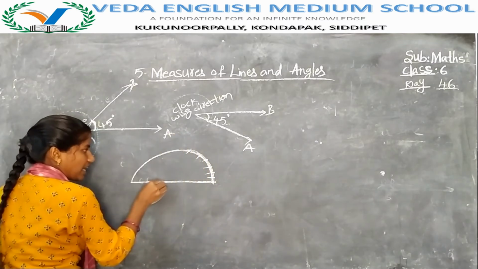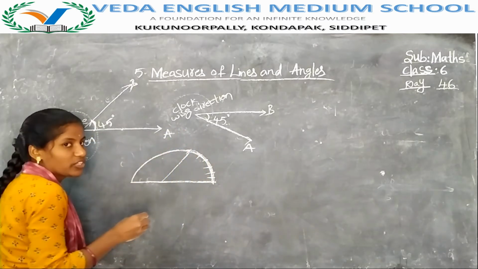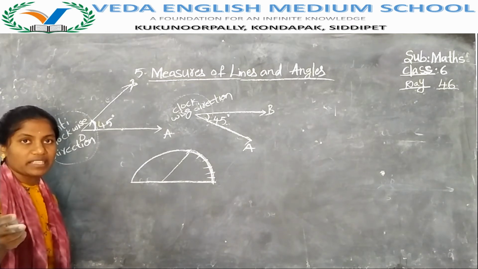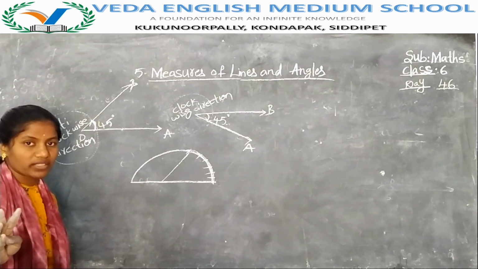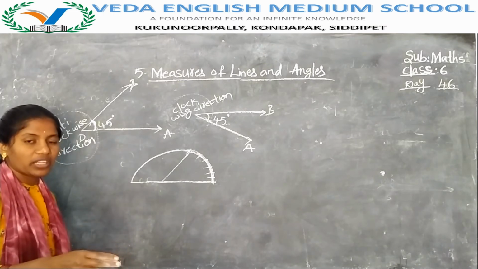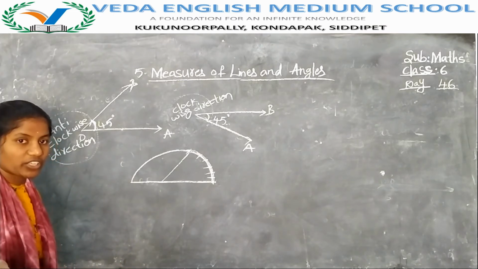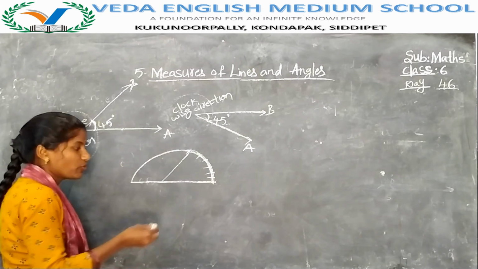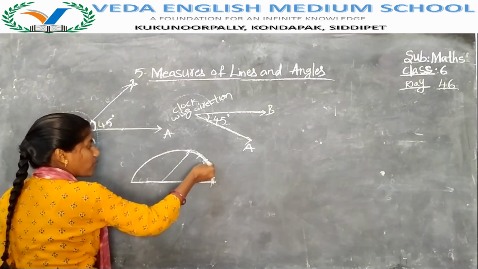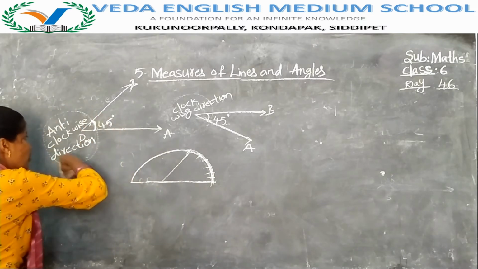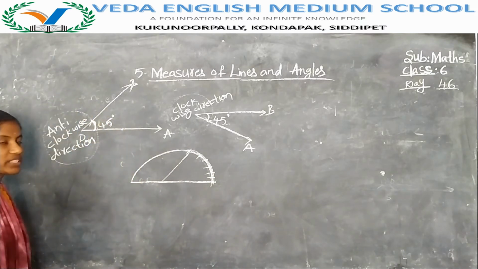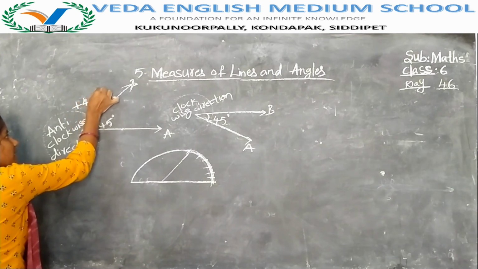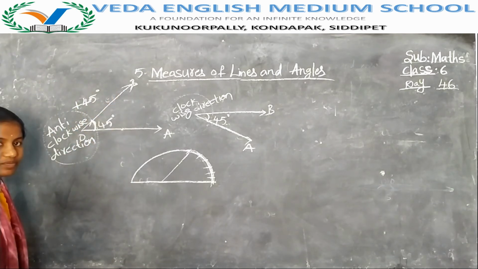So to draw the angles, we have 2 directions: clockwise and anti-clockwise. By using the protractor to draw this, we have to go in anti-clockwise direction. Anti-clockwise direction angles are represented as positive angles. That means it is plus 45 degrees.